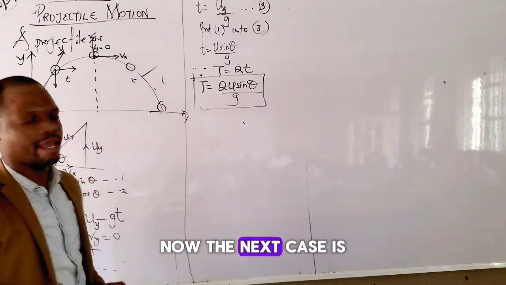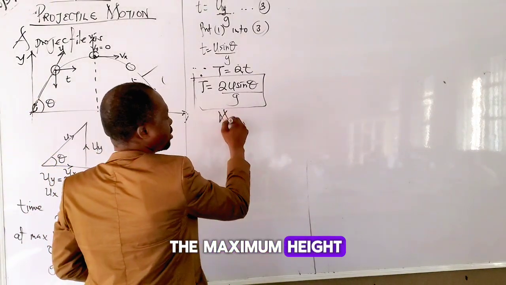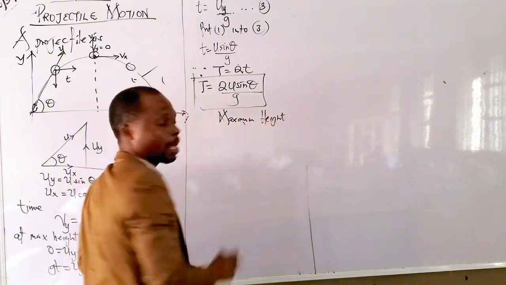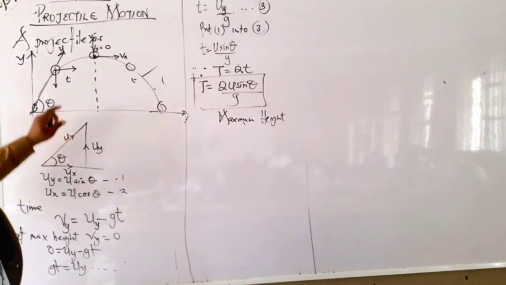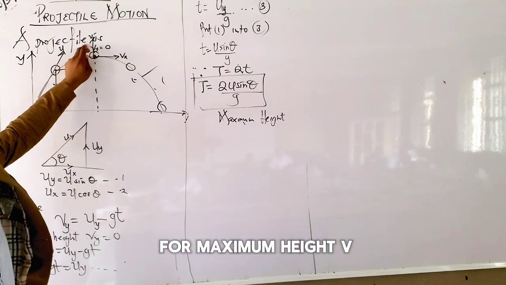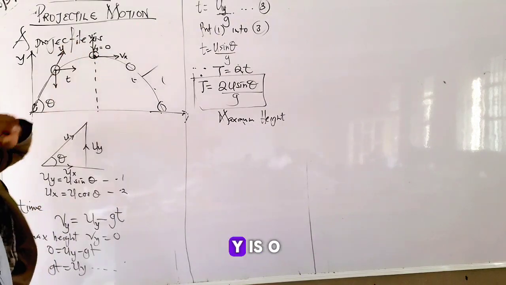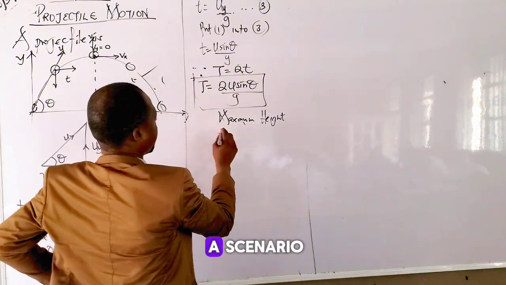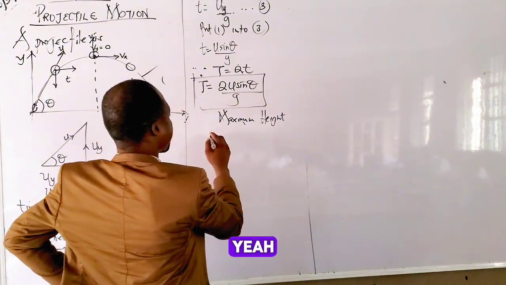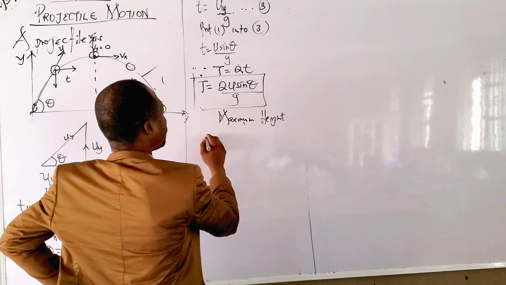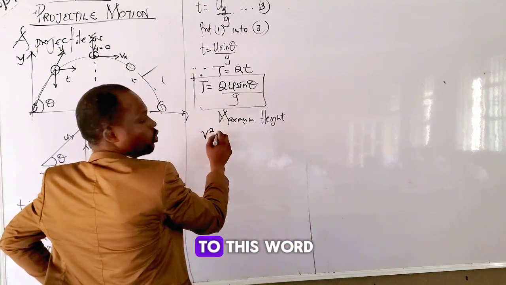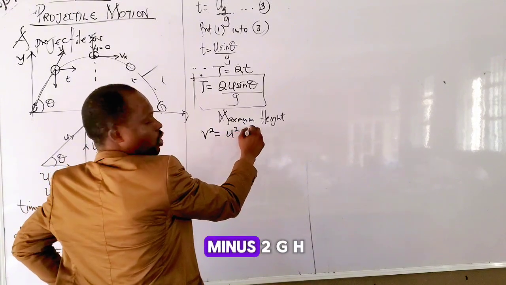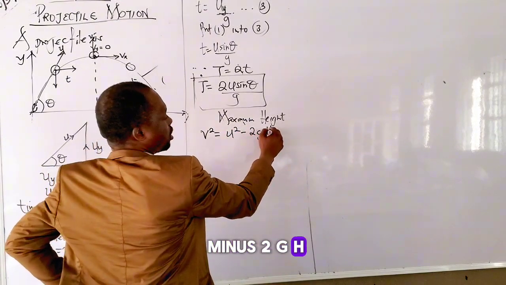Now, the next case is when we're talking about the maximum height. At maximum height, we have confirmed that Vy is 0. Let's look at a scenario here, making use of the equation Vy squared equals Uy squared minus 2gh.